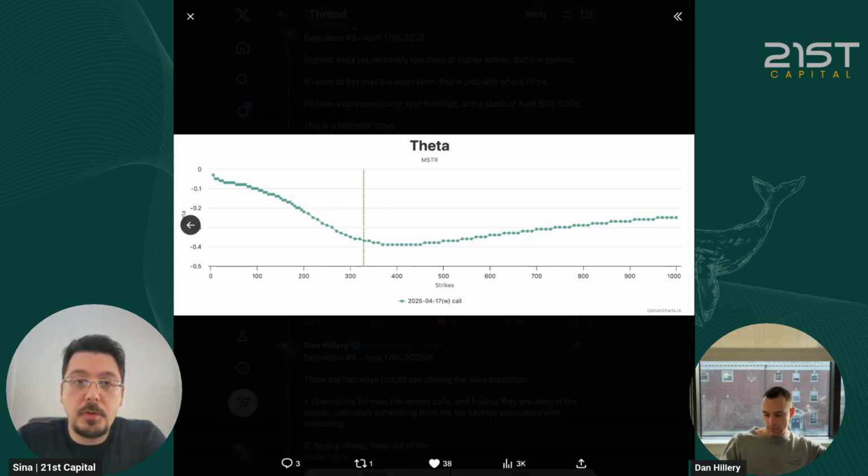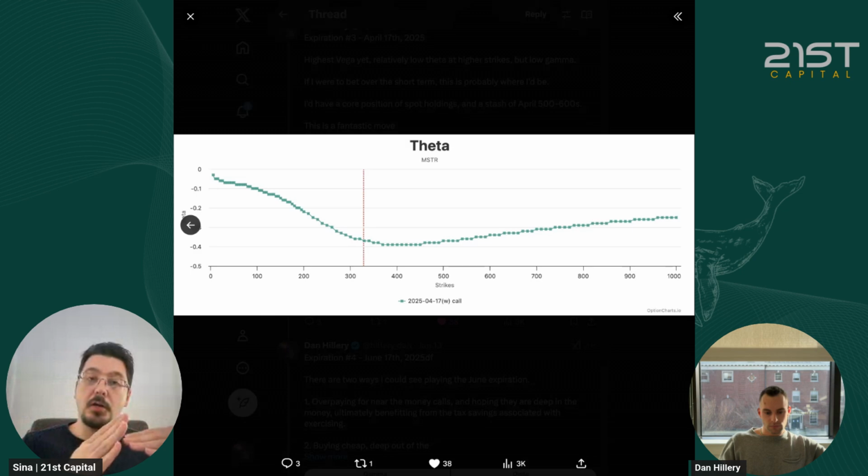But kind of summarizing what you said, it gives you a trifecta of positivity. If MicroStrategy goes higher, you have an exposure to the underlying, so that goes up. But because of gamma, you don't get a fixed effect.